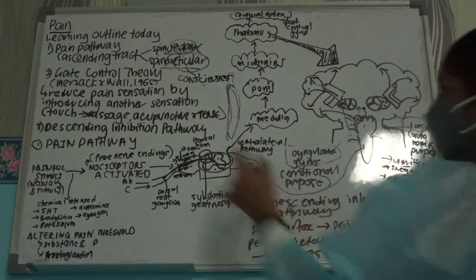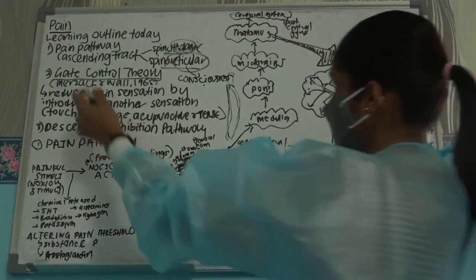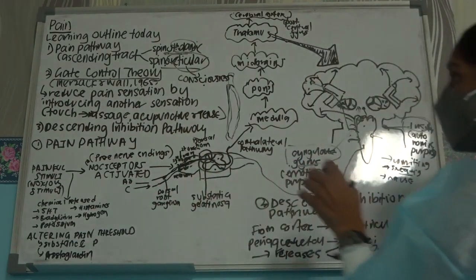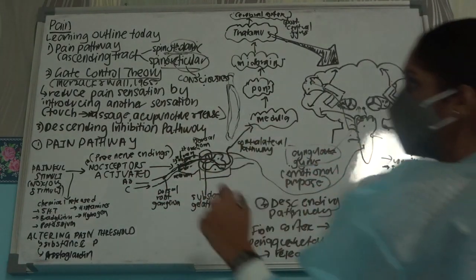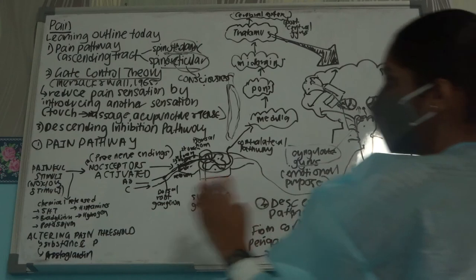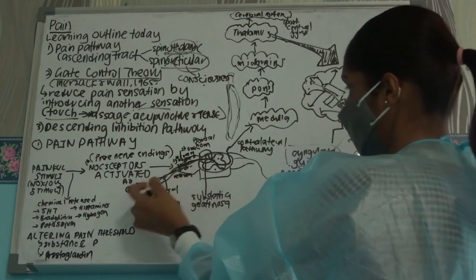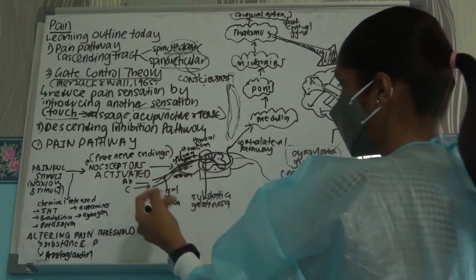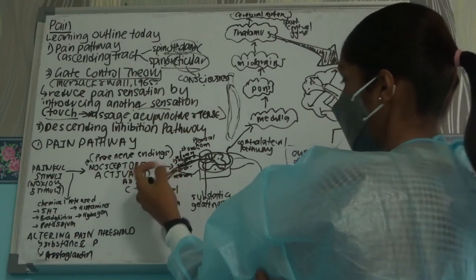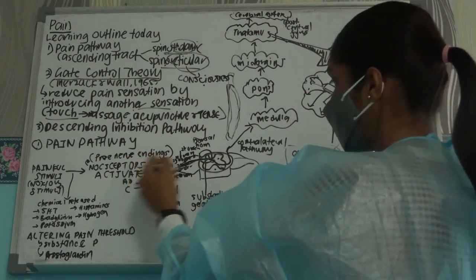How about the gate control theory? The gate control theory was brought by Melzack and Wall in 1965. They said that they can reduce the pain sensation by introducing another sensation, meaning touch. When the pain nerve fibers are going in, there will be a touch sensation going in as well.